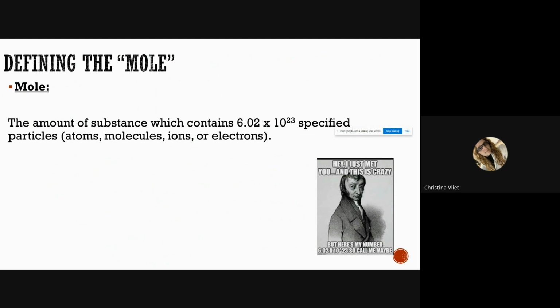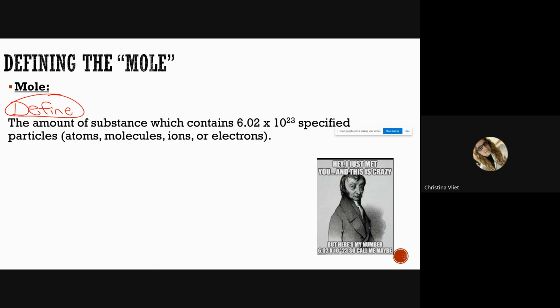Mole. This is a definition in the objectives. So, the amount of a substance which contains 6.02 times 10 to the 23rd specified particles. You've got to get Avogadro's number in there if you are defining a mole.